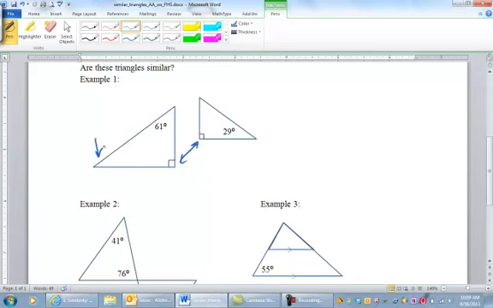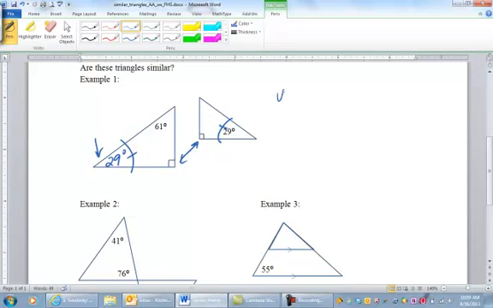Let's subtract from 180. We're going to do 180 minus the 90-degree angle and minus the 61, and we end up with 29 here. Had I not done that, I wouldn't have seen that that angle is congruent to this one. So we have the 90-degree angles and we have the 29s.